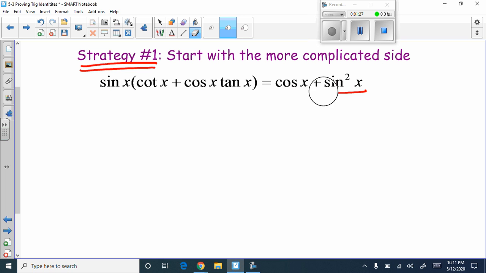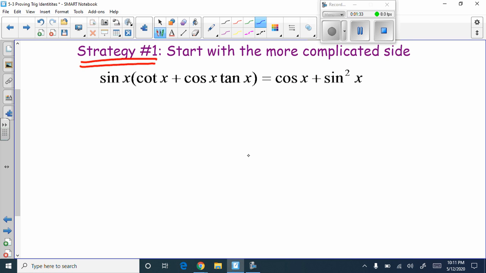In this situation, I'm going to use the left-hand side because it's got the parentheses and a lot of trig expressions in it, so let's see if we can break that down. With the parentheses given there, I'm going to use my distributive property.